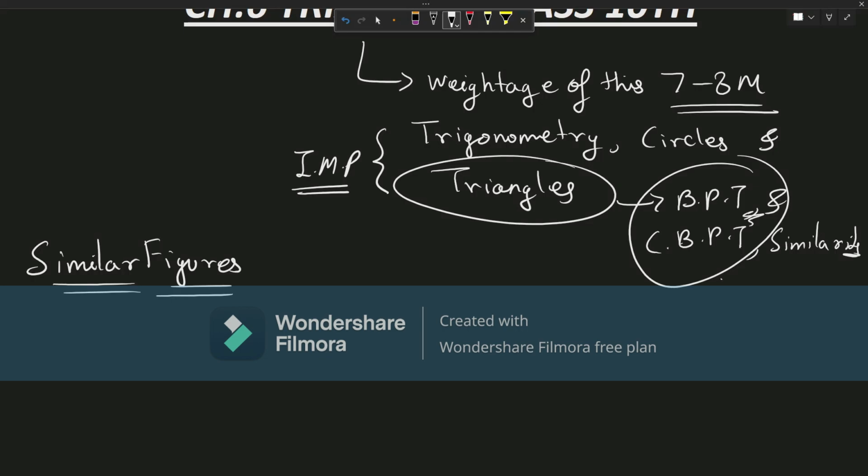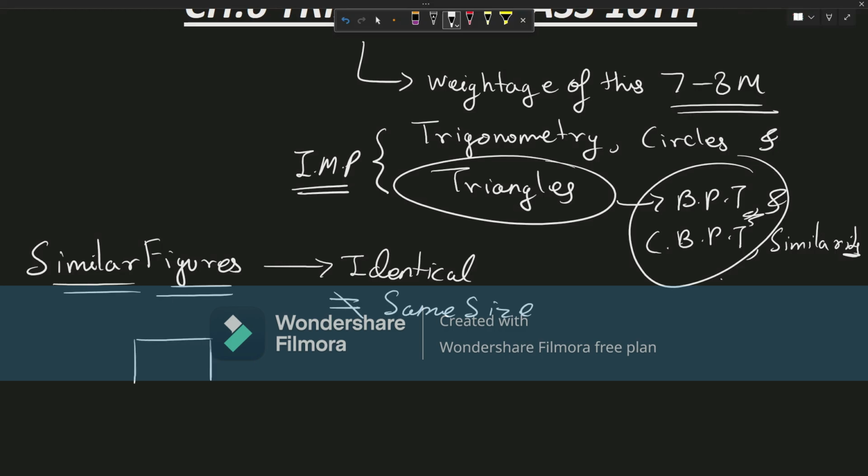Some students might have this in their mind that they have same size, but no. Yes, they are identical, but they are not same size. Their sizes can be different, but the shapes are identical.